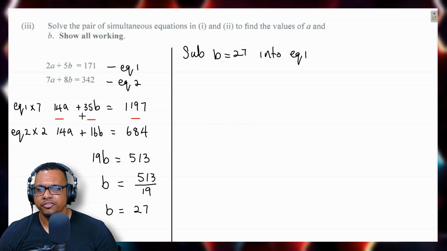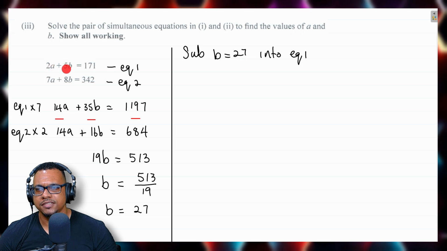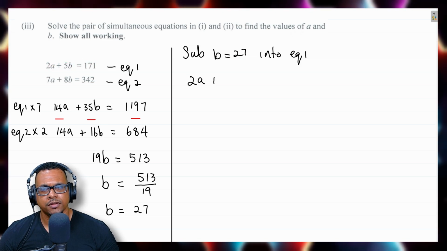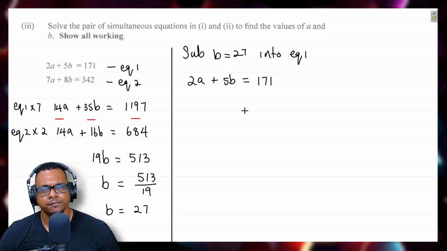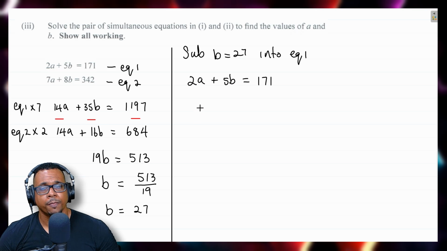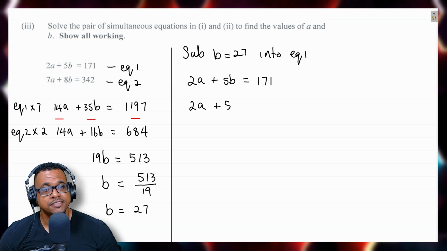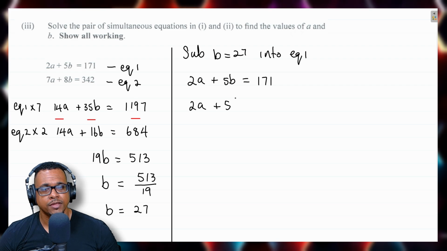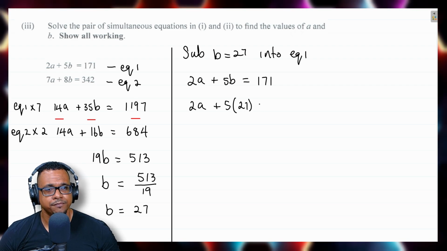So equation 1 reads, that's this, 2A plus 5B is equal to 171. So again, we don't know the value of A. That's what we're trying to find here now. So we have 2A plus 5B, and 5B means 5 multiplied by B. So we have 5 multiplied by 27, because B is equal to 27, is equal to 171.